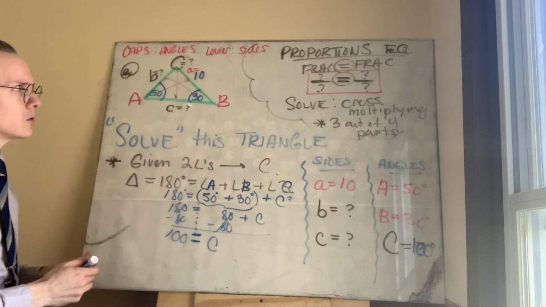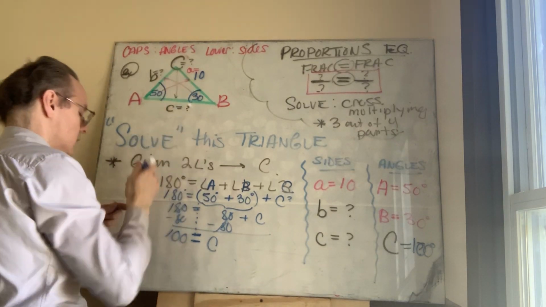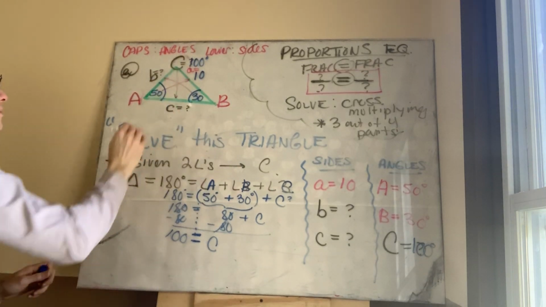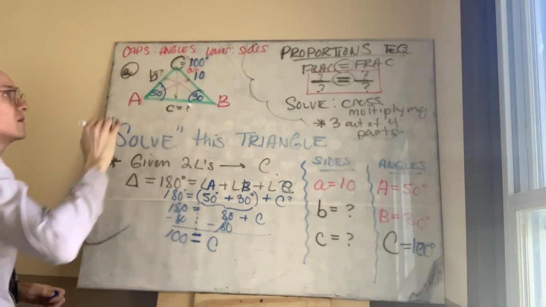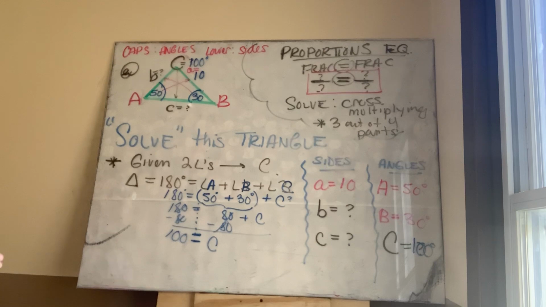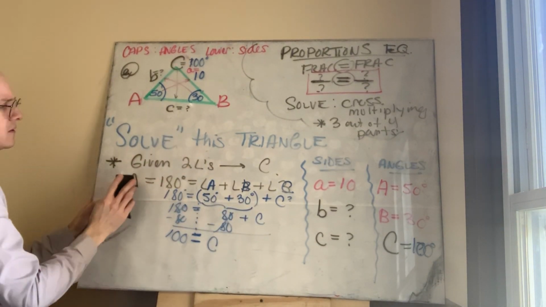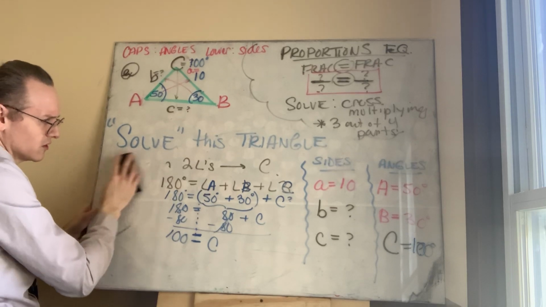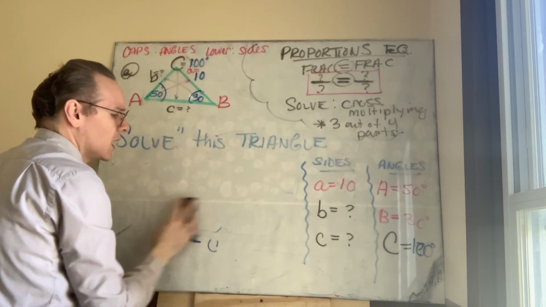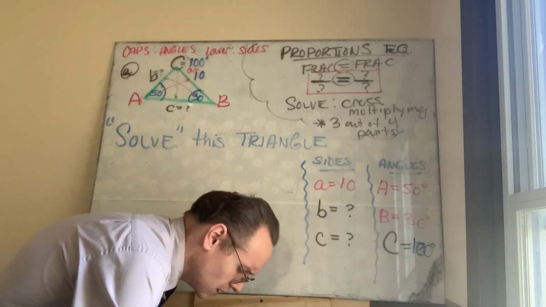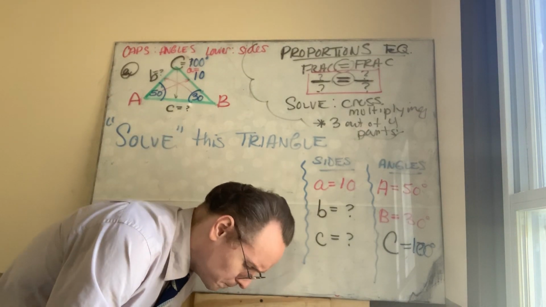And you could fill in the drawing if you want. Right. 100 degrees is what it would have to be if this is 50 and that's 30. Okay, now as for the dimensions, I need the space, so I'm going to erase this. We can figure out what B is by using law of sines.